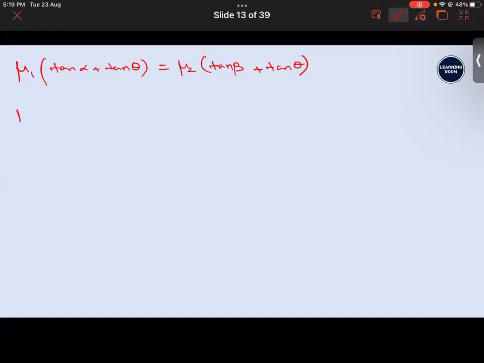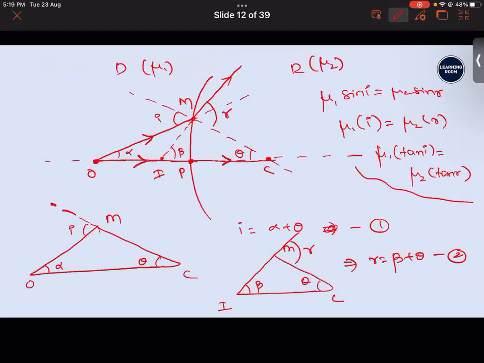So mu1 into, what is the value of tan alpha from the triangle? MP divided by, how much is this distance? This is u, this distance is v, and this distance is R, the radius of curvature. Is it clear?